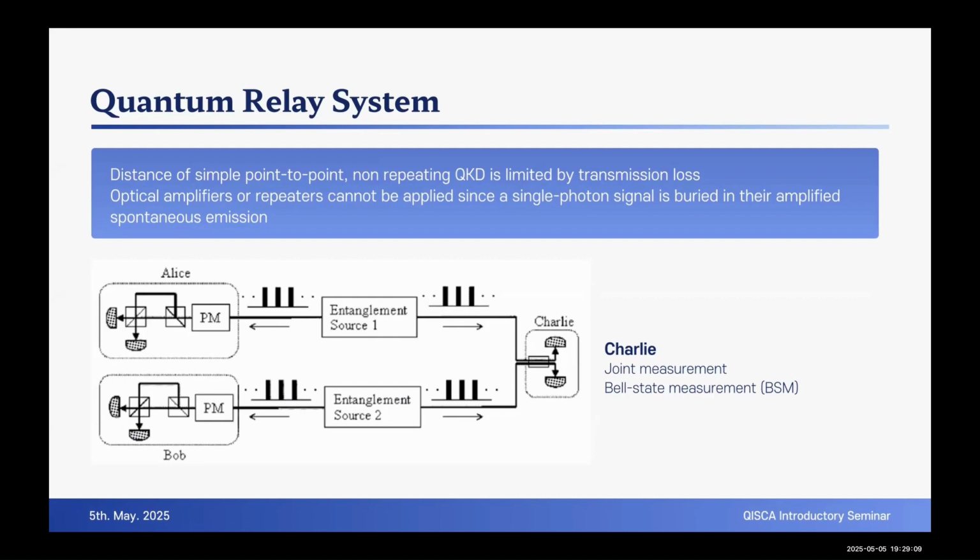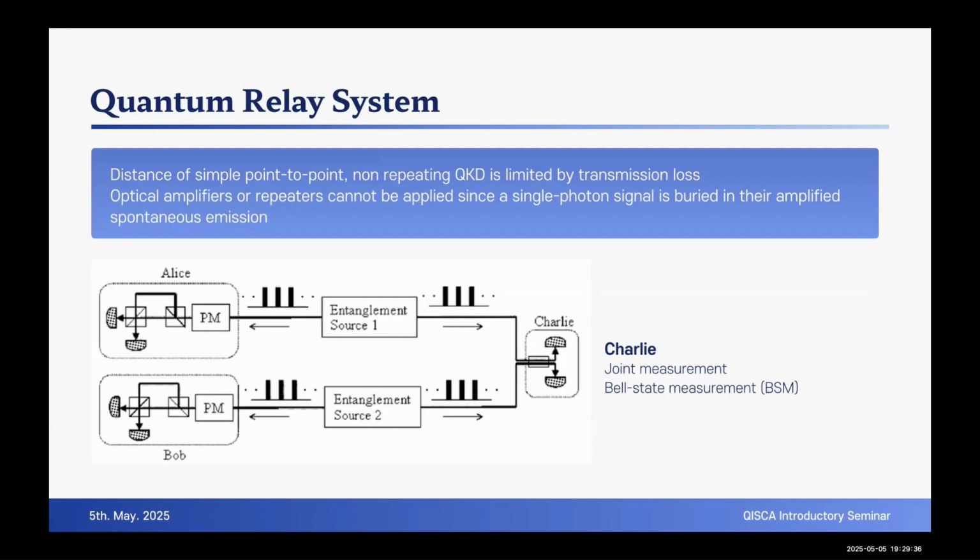In classical communication systems, we typically solve this by using optical amplifiers or repeaters. However, in QKD, these cannot be used because single photon signals are easily buried in amplified spontaneous emission or lost during OEO conversion. Instead, quantum relay systems have been proposed.